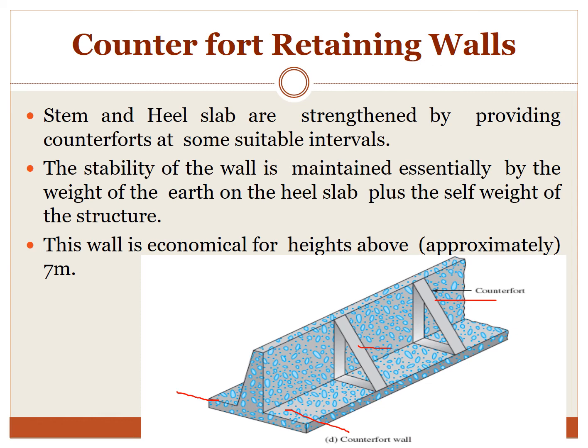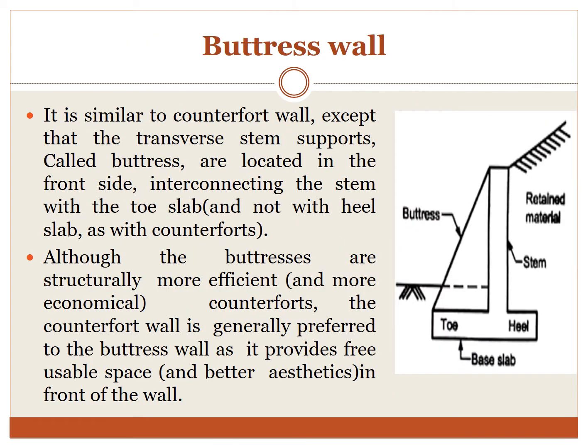This wall is economical for heights above approximately 7 meters. Next, buttress wall. A buttress wall is a modification of the counterfort retaining wall, in which the counterforts, called buttresses, are provided on the other side of the backfill. A buttress wall is more economical than the counterfort retaining wall.